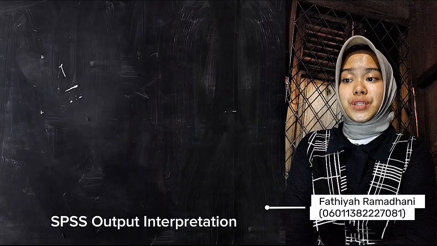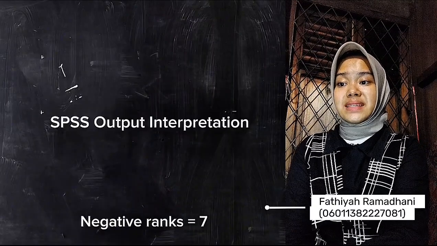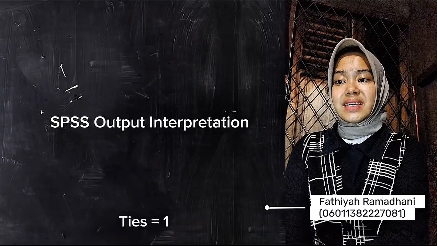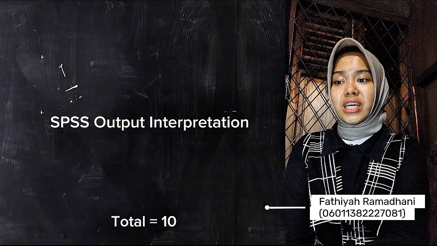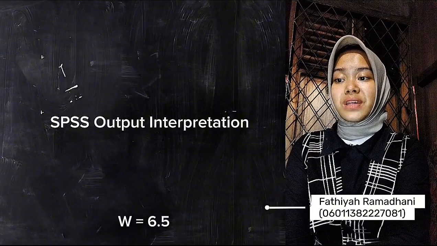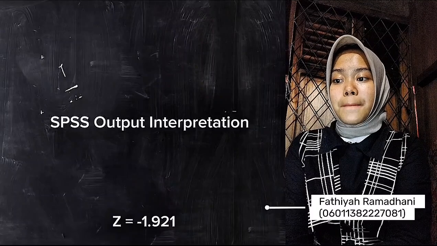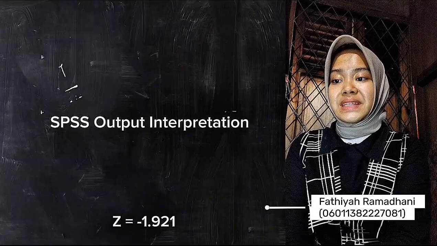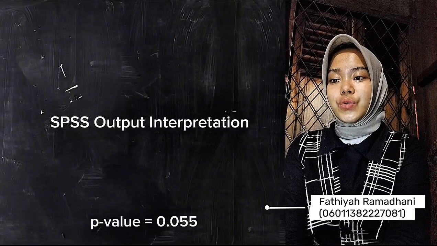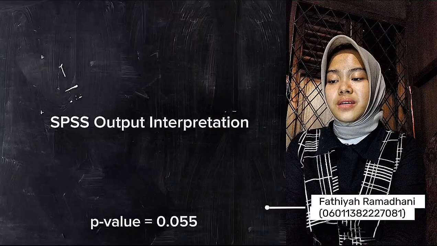SPSS output interpretation. Negative ranks equals 7, positive ranks equals 2, ties equals 1, total equals 10, W equals 6.5, Z equals negative 1.921, p-value equals 0.05.